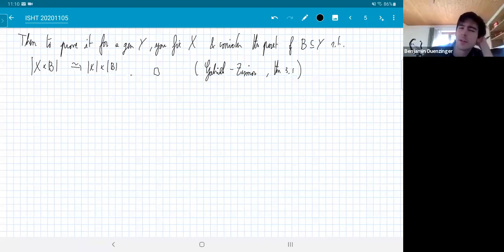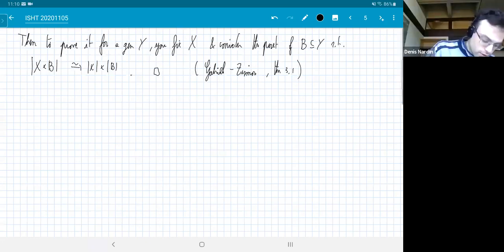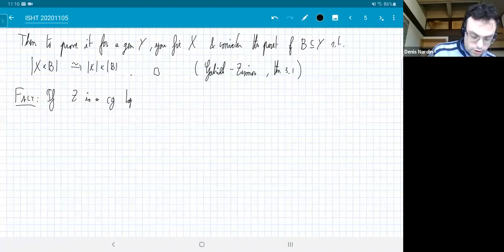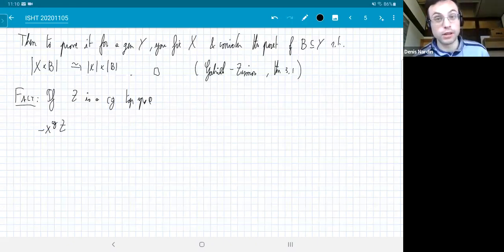Could you maybe explain again how we used that we are in compactly generated topological spaces? Sure. So the fact we're using here is that if Z is a compactly generated topological space, you have this functor product, and remember, this product is not the standard product with the product topology, it's the product in compactly generated topological spaces.